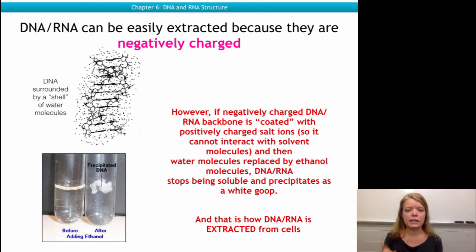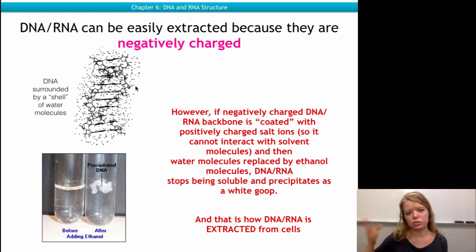However, one can use the fact that DNA and RNA are negatively charged. The water molecules in this picture are these little dots that are coating the DNA structure.